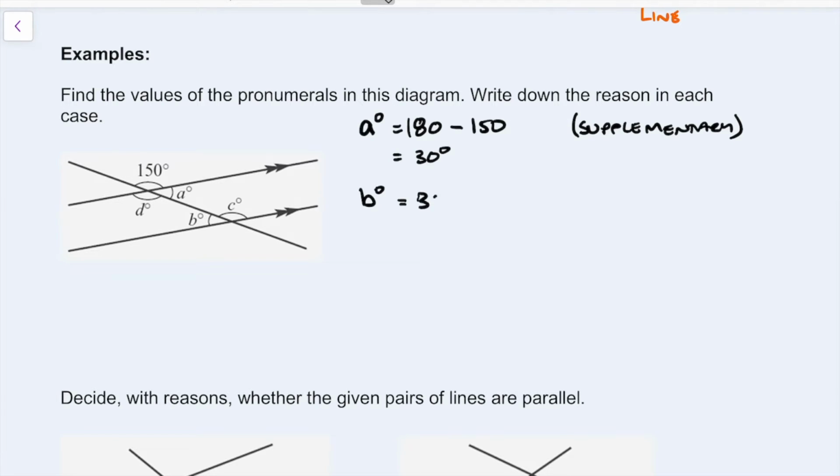B degrees also equals 30 degrees, because they're alternate angles. B and A are alternating, so they have to be equal. C will be 180 minus 30, because those are supplementary.